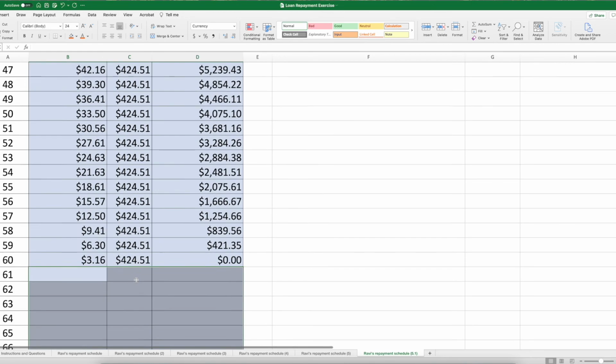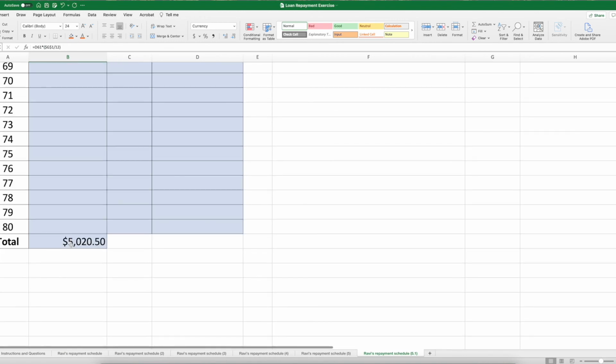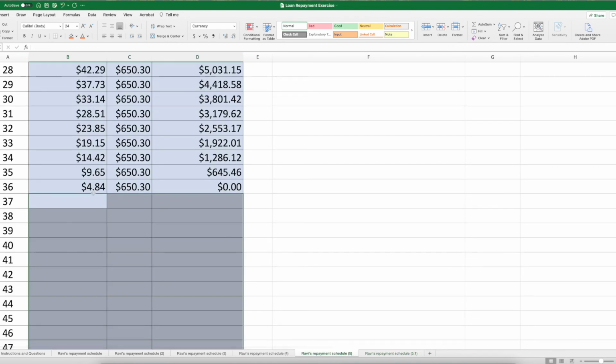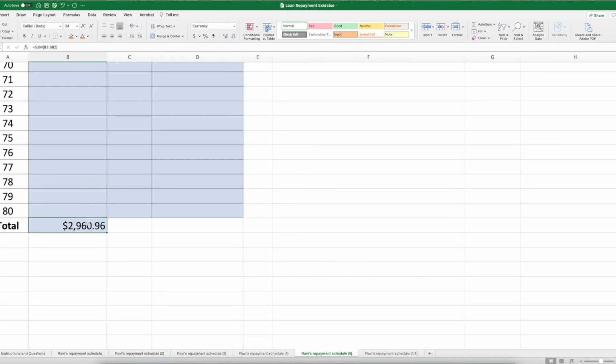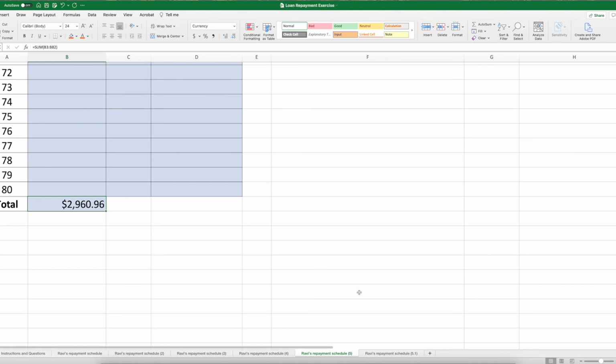Okay, so if the loan term is 5 years, 60 months, his interest charges are about $5,000. If he pays off his loan in 3 years, his interest is about $2,960 or $3,000. Obviously, if he pays off the loan in 3 years, he's going to incur less interest, because there is less time for the interest charges to accumulate.